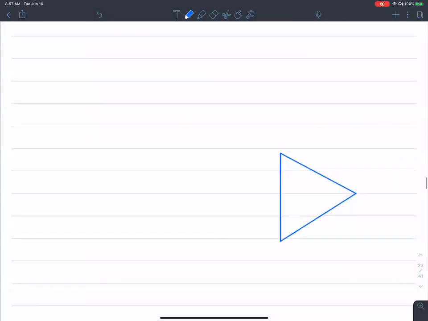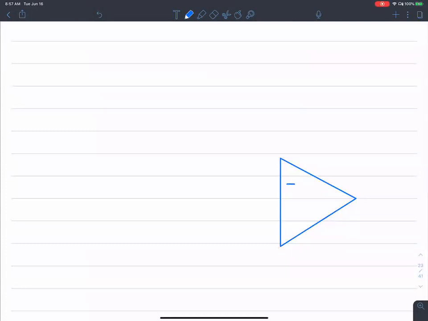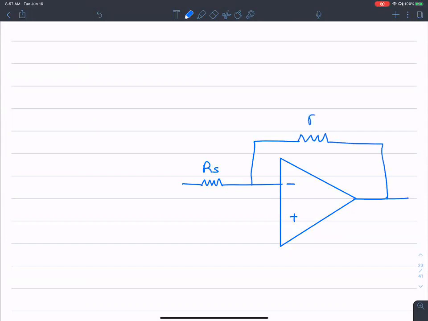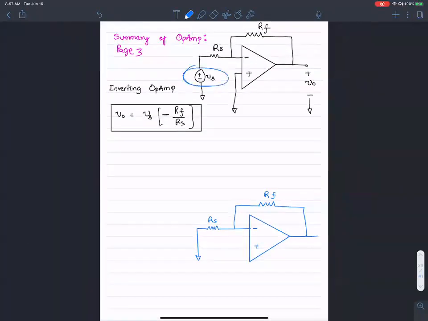Which is still an operational amplifier, negative, positive. There is this RS that still did not change. The feedback configuration did not change from the previous configuration. This time the only thing that changed was I removed the signal source from the input terminal. This signal source that was sitting in the inverting configuration is removed.